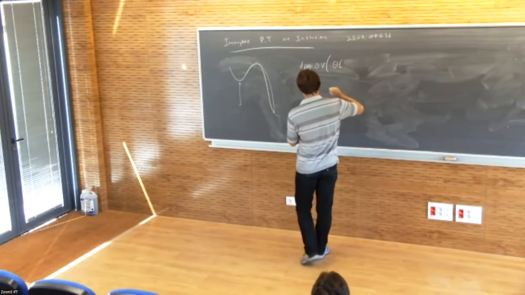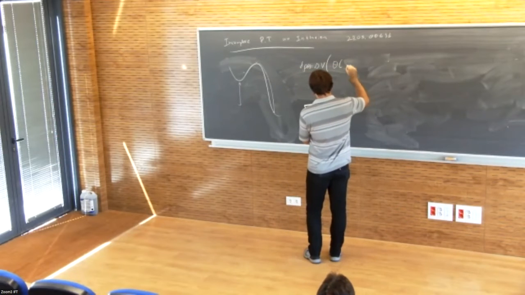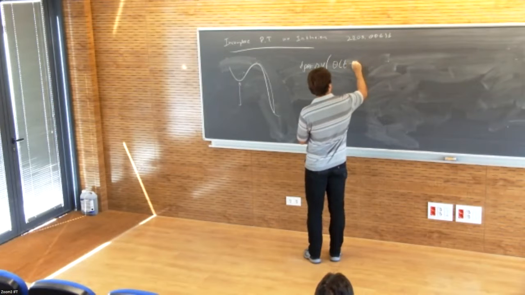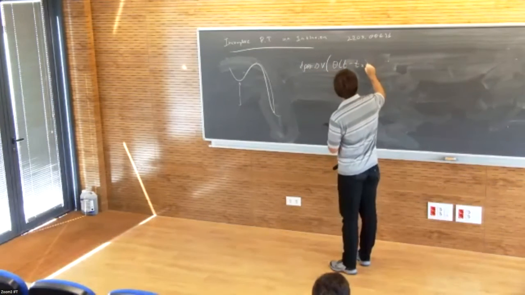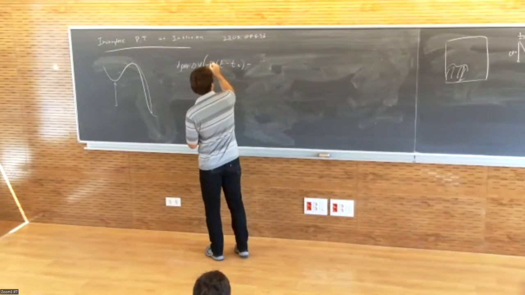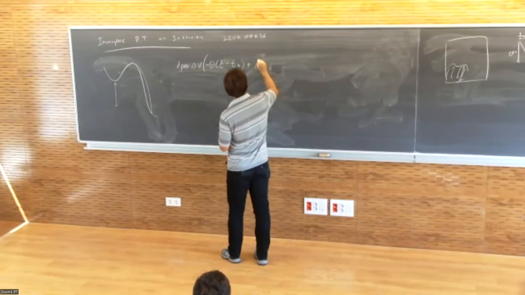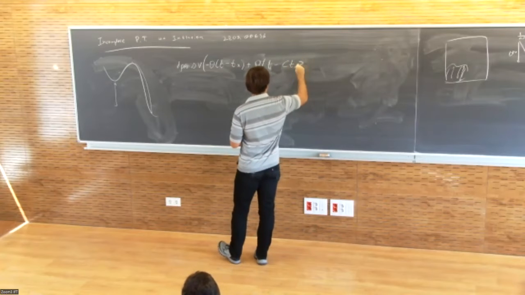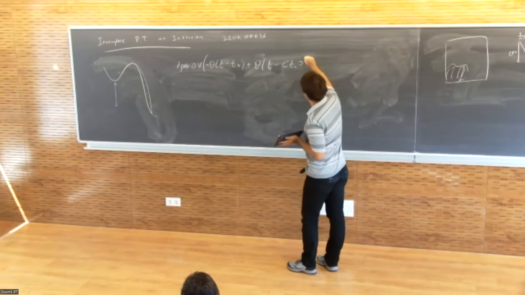So there's going to be some theta of t minus t(x). So this is the Heaviside function. I think this is with a minus sign, maybe plus sign, theta of t minus an average of t(x).